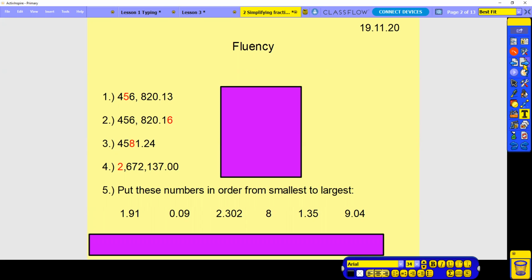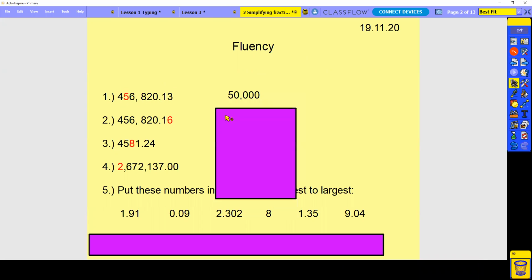Okay, hopefully you've had a chance to do that. Let's have a look at them together. The first one is 456,820.13. The digit that is in red is this 5 here, and that 5 is in the 10,000s column. So that one there is 50,000.